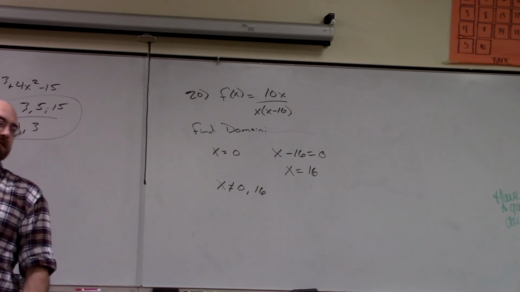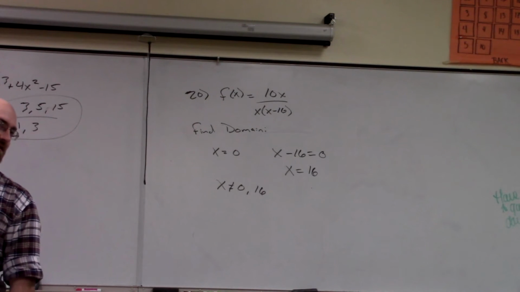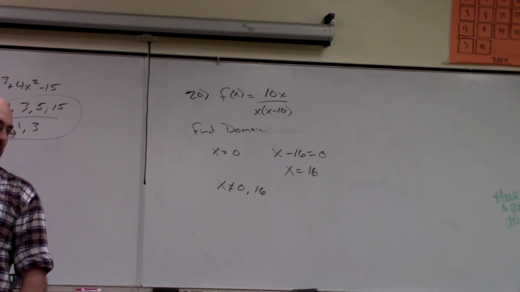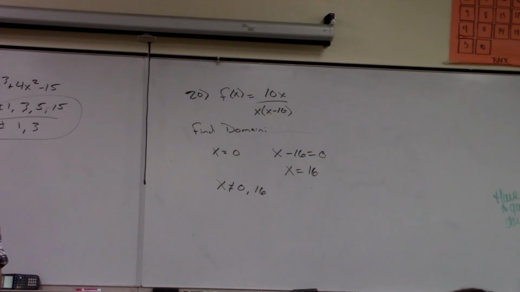It just is, since there are two x's. Guys, we did that stuff in chapter 1, by the way. Domain. Don't overthink it. It's been on your test from day 1.